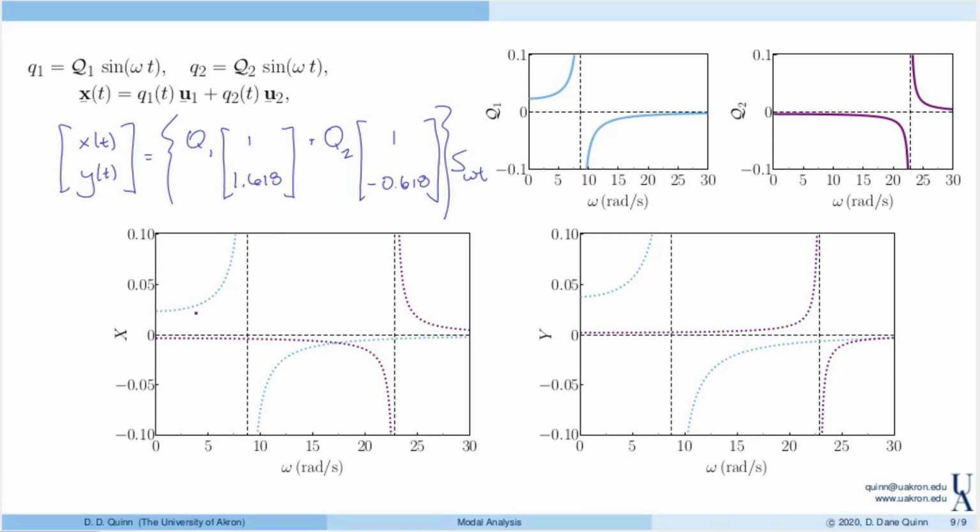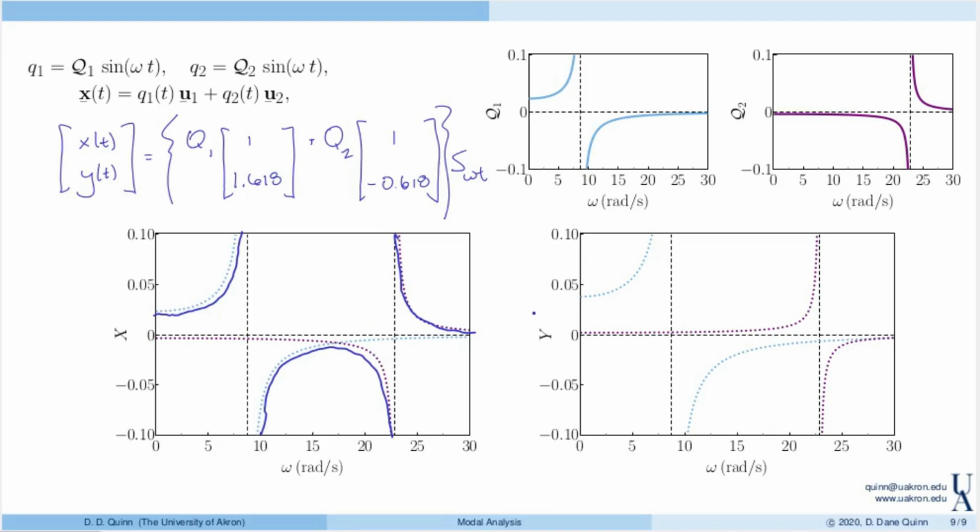Now the overall response is simply the sum of these two things, so I'll just add them up. And what we find is that it ends up looking something like this. Now notice that x is singular whenever we're forcing at any of the resonant frequencies.